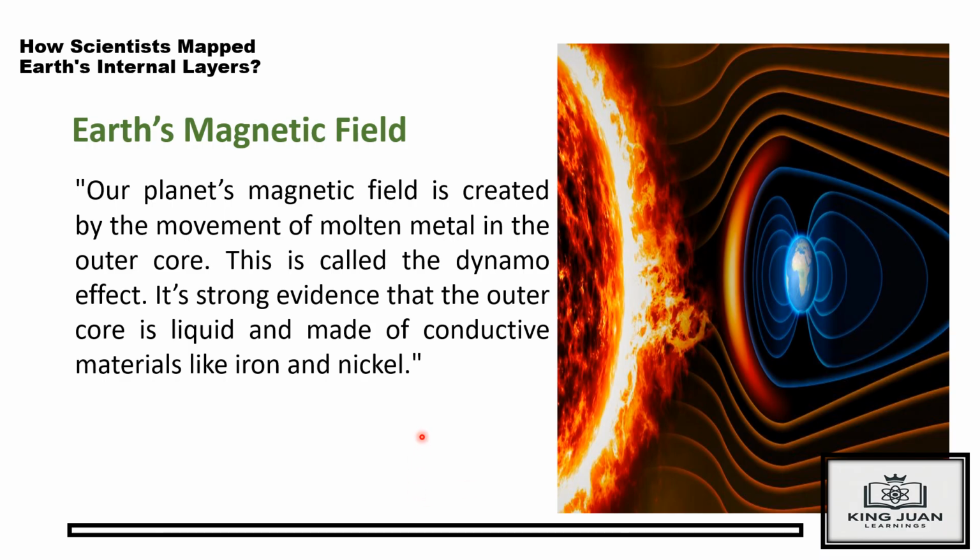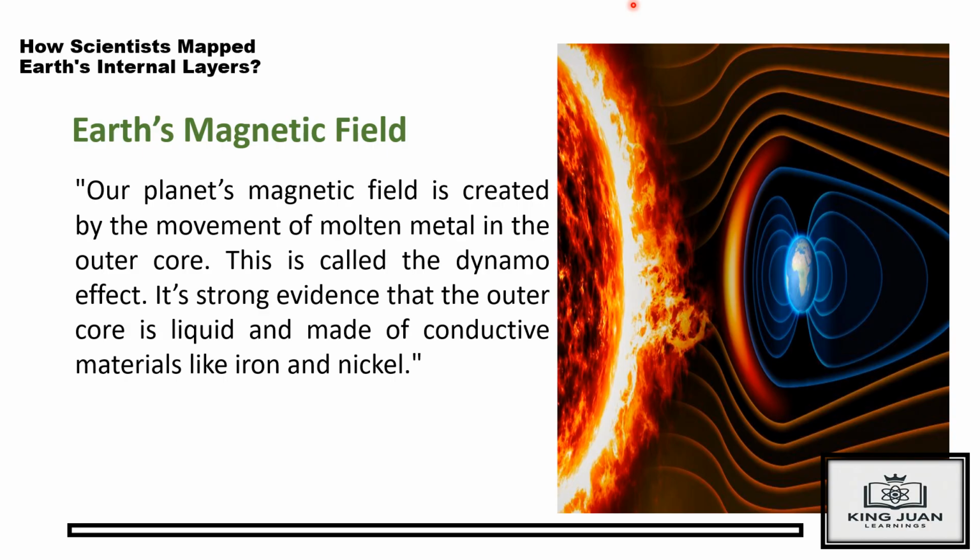The next evidence is the Earth's magnetic field. The Earth's magnetic field provides evidence for the structure and dynamics of the Earth's interior, particularly the liquid outer core. The magnetic field is generated by the movement of molten iron and nickel in the outer core, a process called the geodynamo.